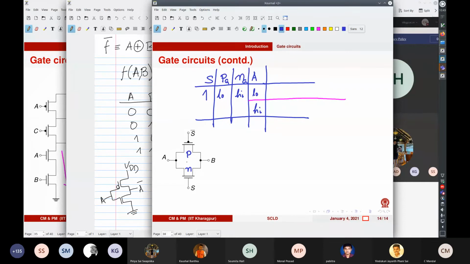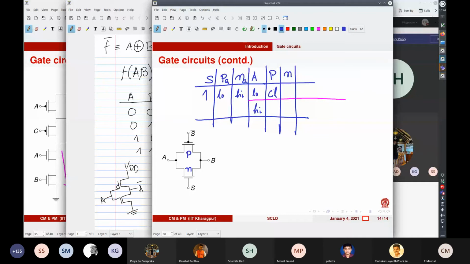So if A is at a low voltage, again I'll draw P and N. When the gate is at a high voltage and A is at a low voltage, you have a potential difference here, which will populate electrons in the gate.